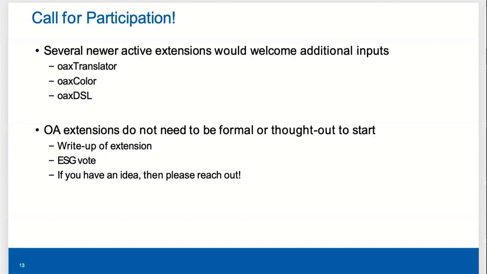It's not a very long document, but there is a process. But other than that, it really doesn't need to be more complicated than that, and it doesn't have to be a very well thought out idea. It could be refined within the working group. So I did want to make sure that that door is open and nobody is discouraged.